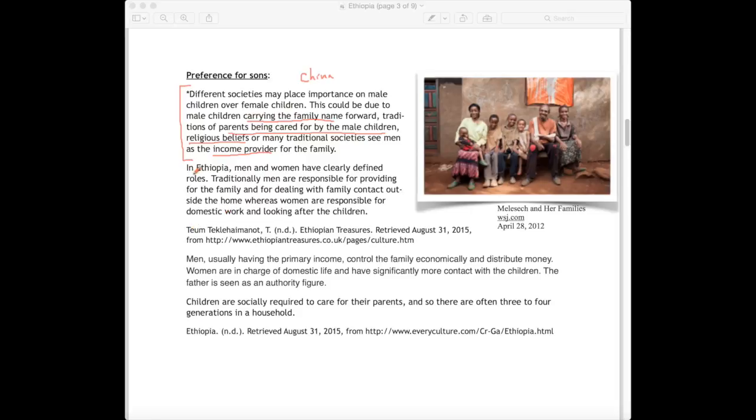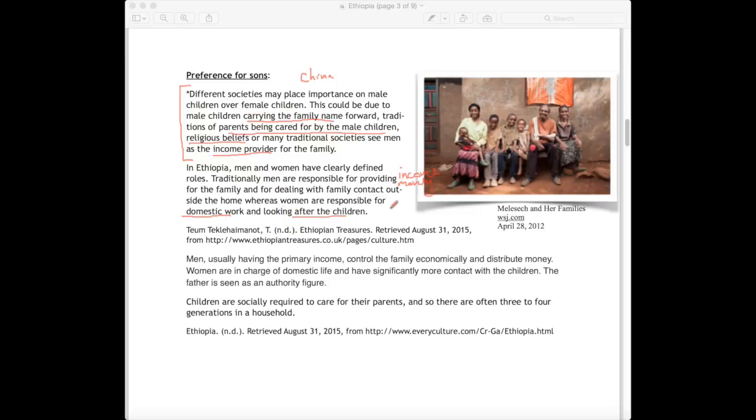But in Ethiopia, men and women have these clearly defined traditional roles where men are the providers. Think about income, right? They're providing income or money for the family to survive, where women are left at home doing the domestic work, looking after the children, cooking, cleaning, things like that.